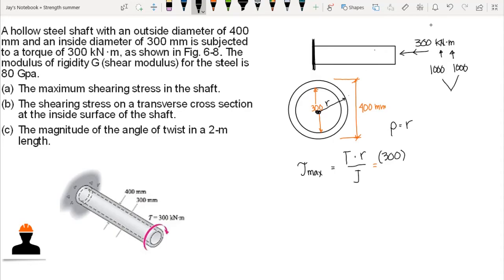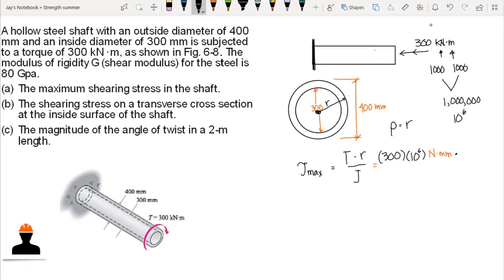Therefore we multiply by 1 million, or 10 raised to the 6, so that we have a unit of newton-millimeter, times the radius, since our maximum shearing stress occurs at the outside surface of our circular bar.